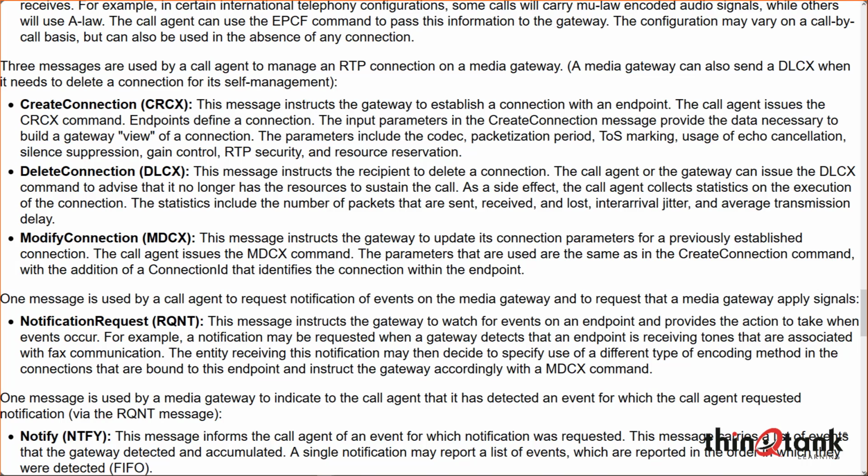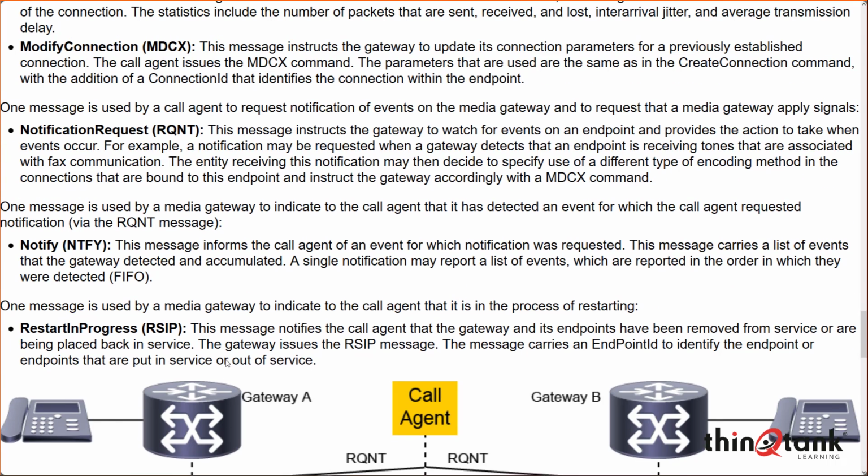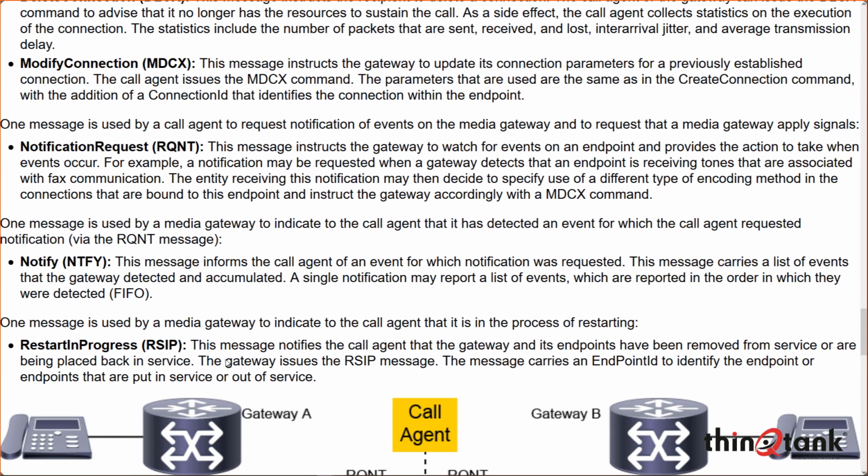That's RQNT, or request for notification. Another verb that you might see is used by the endpoint, not the Call Manager, to indicate that it has detected a particular event, and it's requesting a notification based on the RQNT. We're sending the NTFY.